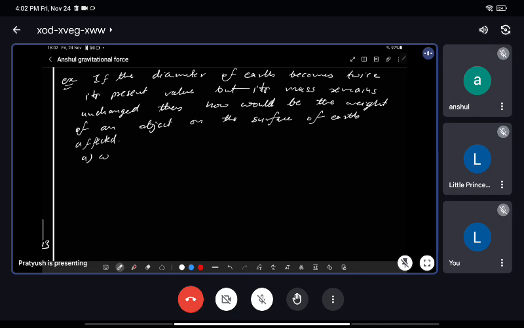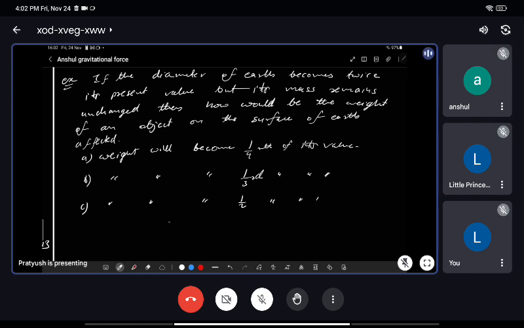Option A, weight will become 1/4 of its value. B, weight will become 1/3 of its value. C, weight will become half of its value.